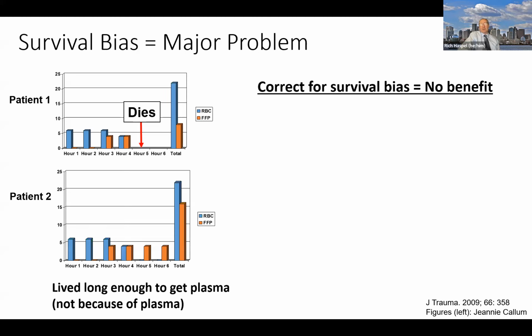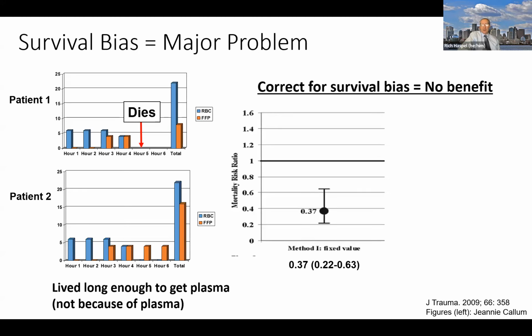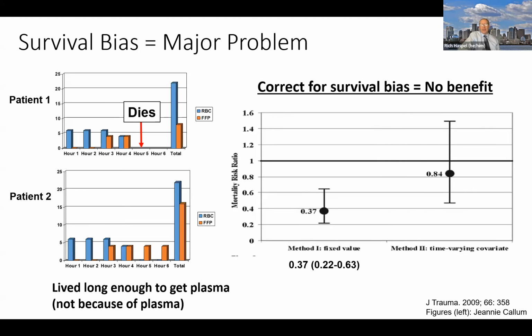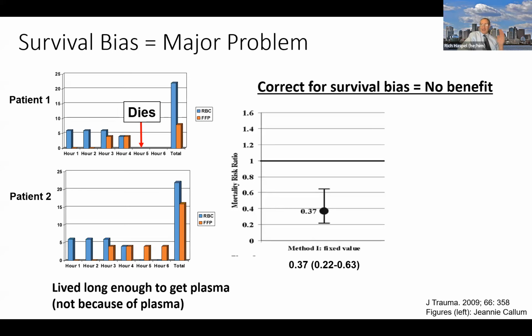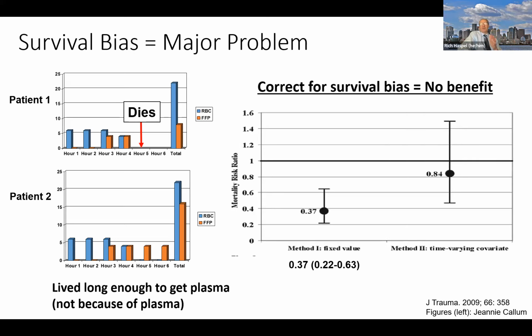And in fact, there was this great follow-up study. The reference is down there. Before they controlled for survival bias, oh my gosh, more plasma was better. Control for it, the advantage goes away.